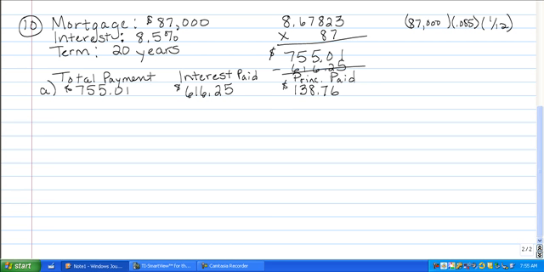Okay, the balance of the principal. So now what we do is we take our 87,000 minus this 138.76.